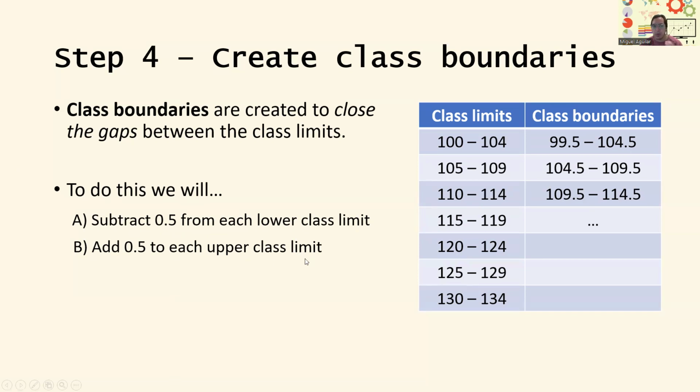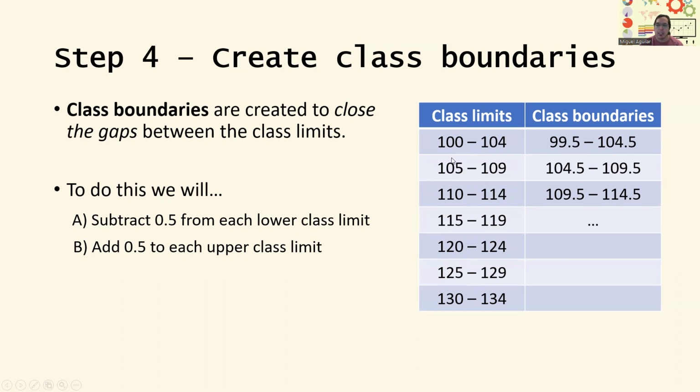Okay, so you can do this one at a time. If you want to start with the lower class limits, we can start there. So again, we'll look at the lower class limit for the first class, 100. If we subtract 0.5, we should get a lower class boundary of 99.5.